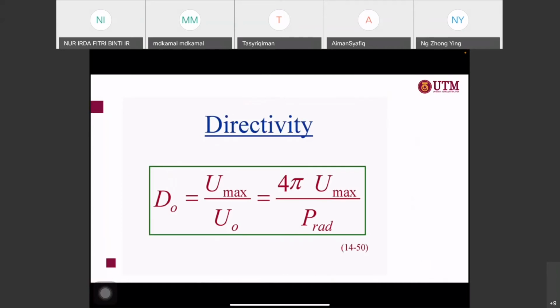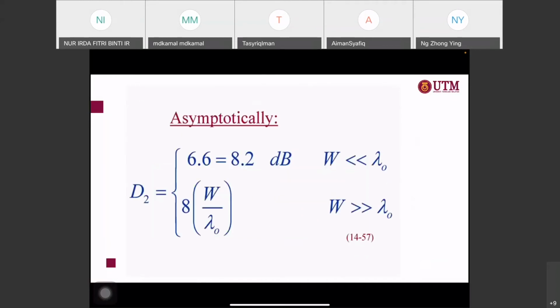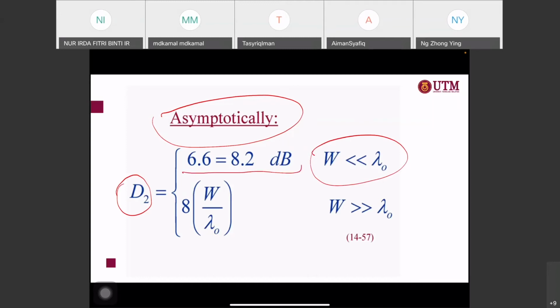If you want to find the directivity, as I mentioned many times, it is 4 pi U max over P radiated. Asymptotically, the directivity for the microstrip patch antenna is given as this value, 6.6.